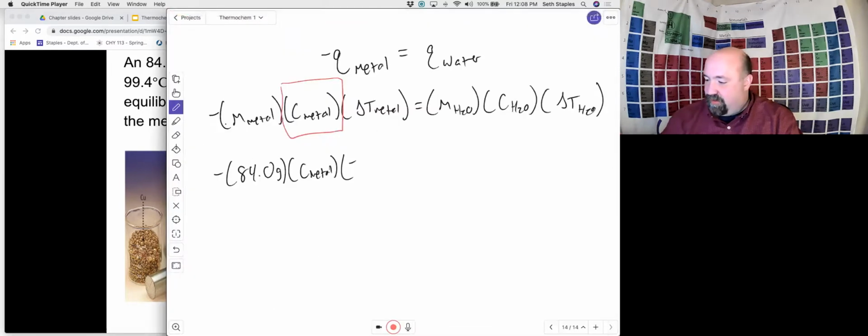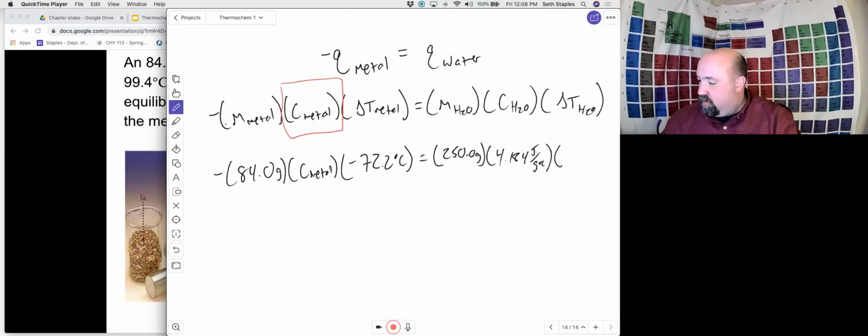Our delta T of the metal is negative 72.2 degrees C. Our mass of the water at 250.0 grams. C of the water, 4.184. Our delta T of the water, 5.2 degrees C.